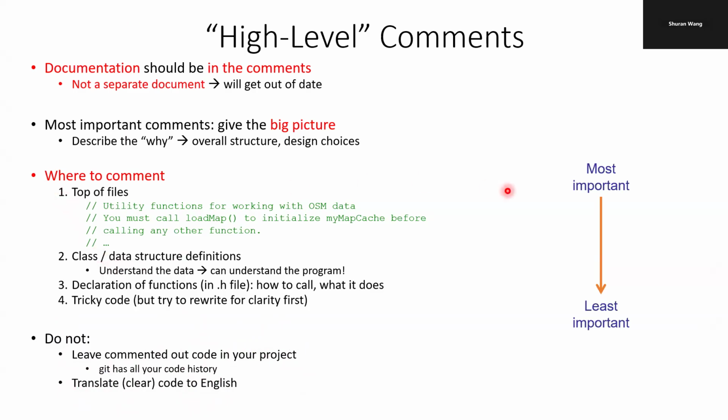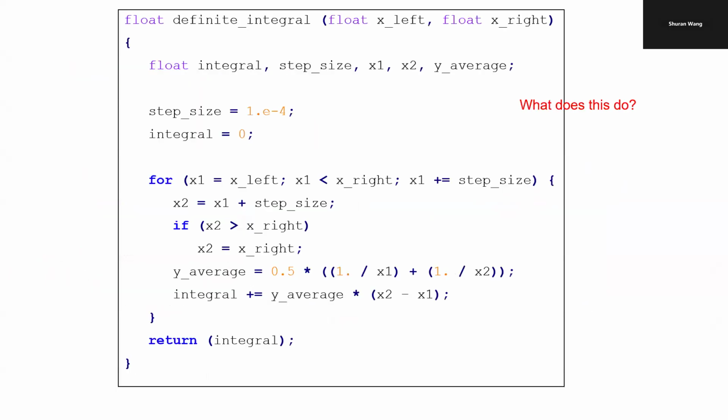And the comment importance is like this. The most important comments are the ones at the top of files, and then before the data structure definitions, and then the declaration of functions. Now let's look at this definite integral code again.